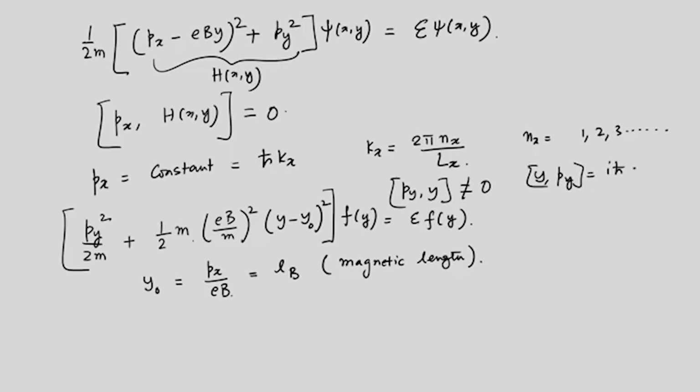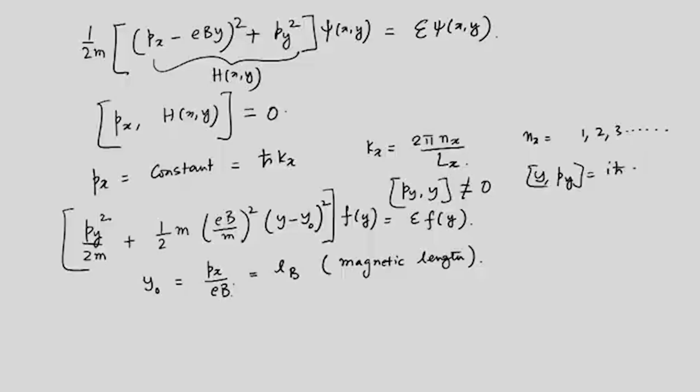And this clearly represents the Schrodinger equation for a harmonic oscillator oscillating in the y direction, not about 0, but about this y0, the magnetic length, which is given by Px over Eb. Okay. So, if it is a harmonic oscillator problem, then we do not need to solve any further.